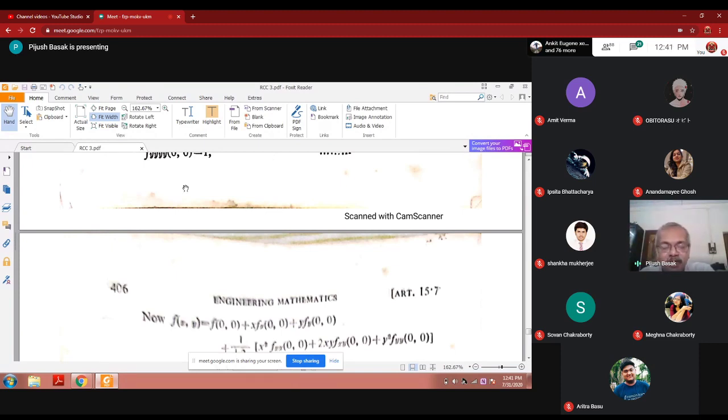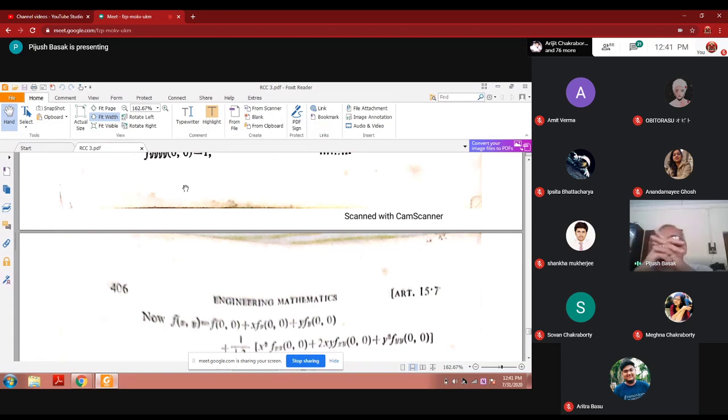So the surface also has maximum and minimum points. That we have to find out, it is in our syllabus.